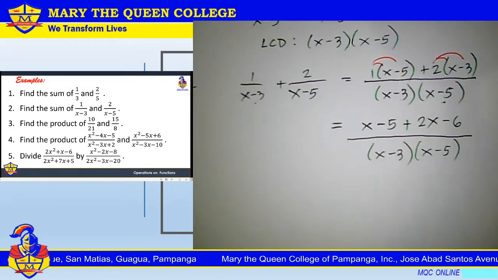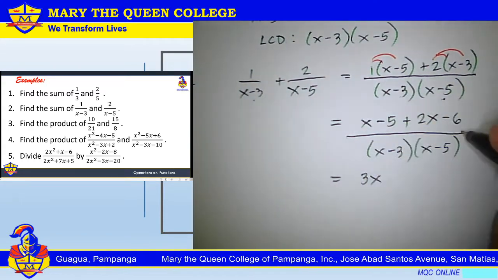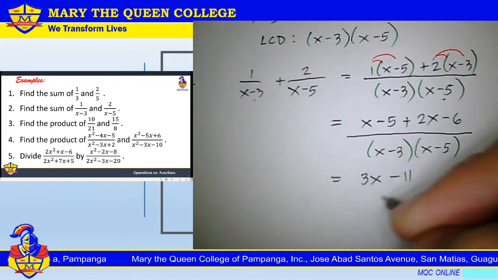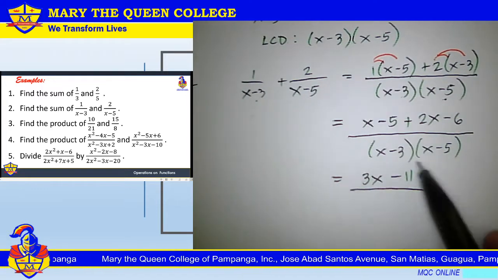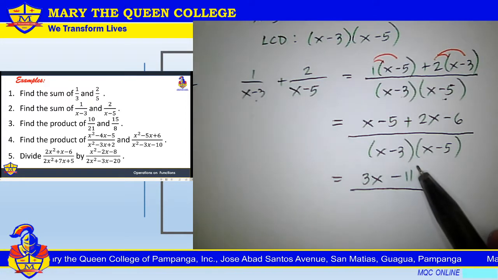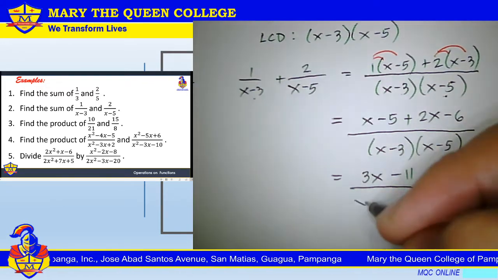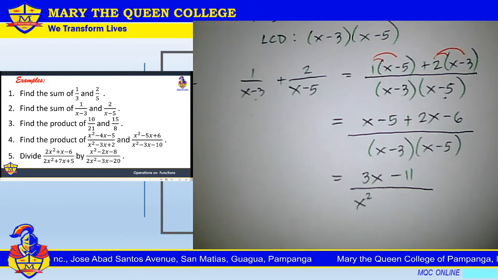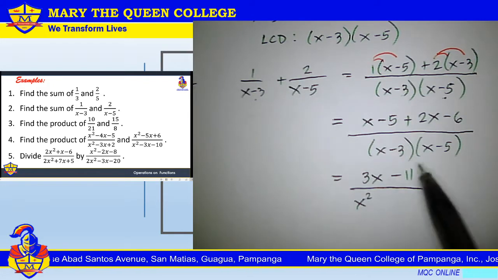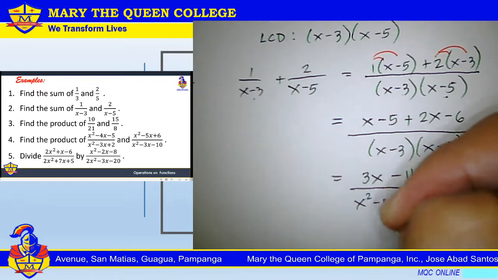Okay? So, simplifying it further, we have x plus 2x, that is 3x, negative 5 minus 6, that is minus 11. And then yung denominator po natin, para mawala po yung parentheses nila, looking at our denominator, they are both binomial. So pwede po natin apply yung FOIL method. Mentally, x times x, that is x squared. Tapos, meron pa tayong outer terms, x times negative 5, that is negative 5x.